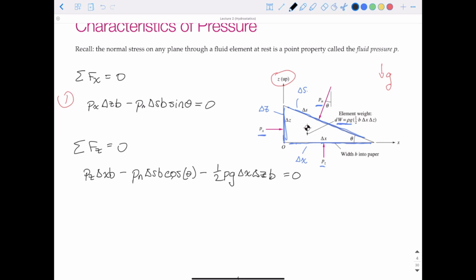So if we look at the figure, we can relate delta S, which is basically the length of that angled section, to delta X and delta Z. And we can do that by saying delta S sine theta is equal to delta Z. Just using trigonometry, delta S times the sine of the angle is just equal to delta Z. And then likewise, we can write delta S cos theta is equal to delta X.